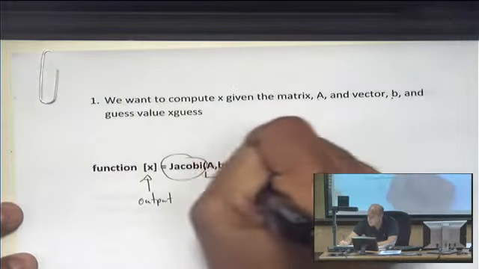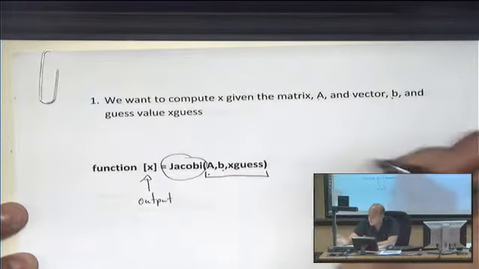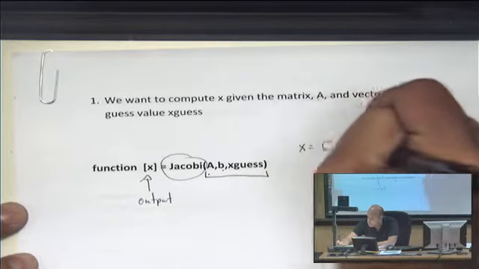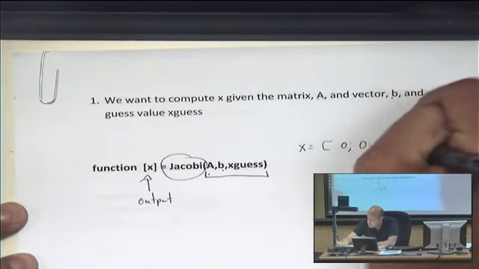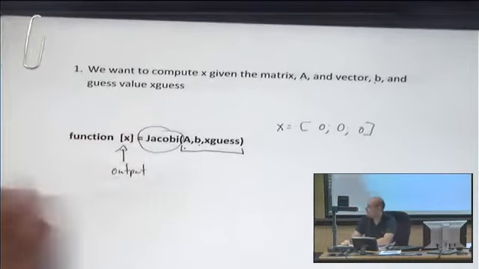And what do you need to solve the problem? You need to know A, you need to know B, and you need a guess vector of values. So they could just be 0, 0, 0, okay, or maybe you send different guess values. But that's what you need to know to solve the problem. And then, once you do that, you could calculate that problem by hand, or we can use a Matlab code to do that. So that's the first line of our code.